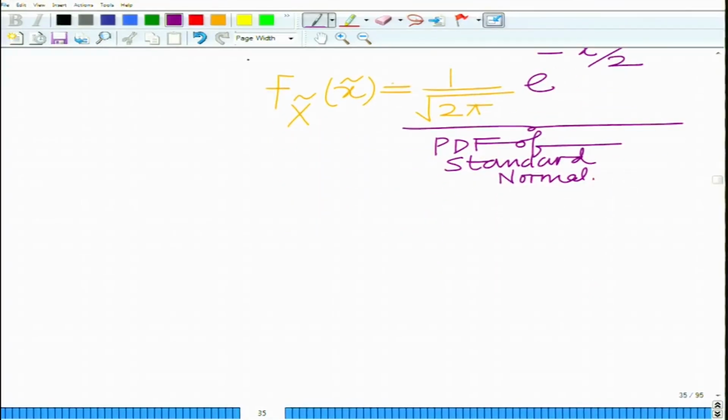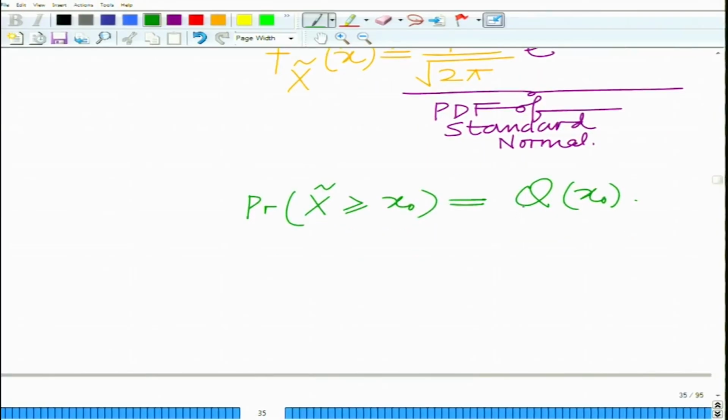And one can define the Q function of the standard normal: the probability that the standard normal Gaussian random variable x tilde is greater than or equal to a quantity x naught is denoted by Q of x naught. This is also termed the Q function or the Gaussian Q function.